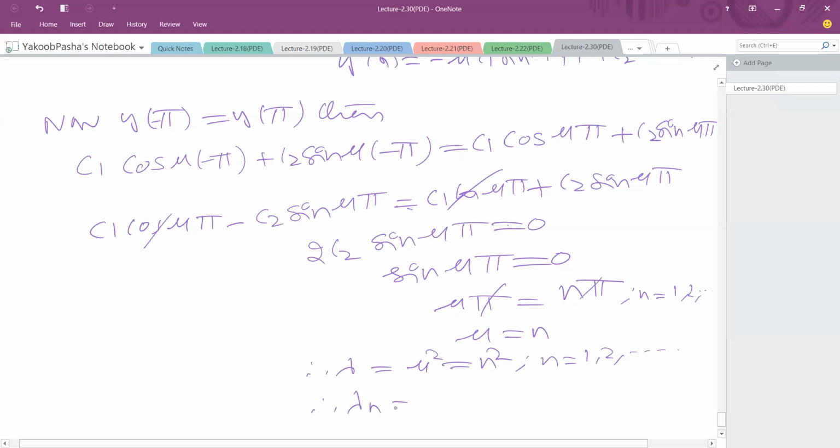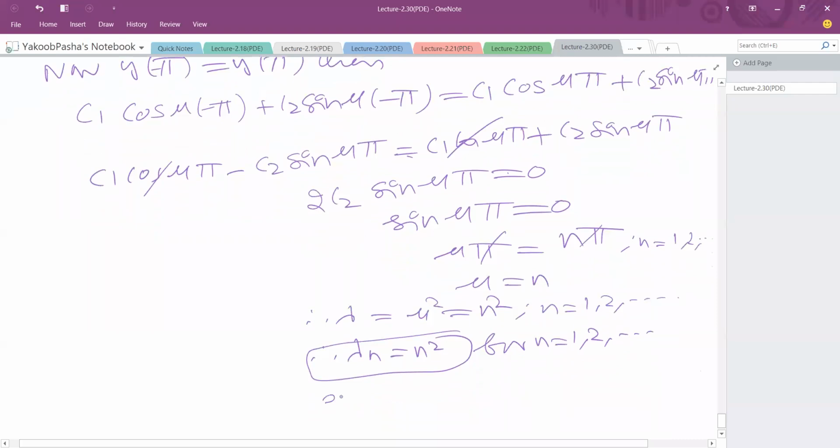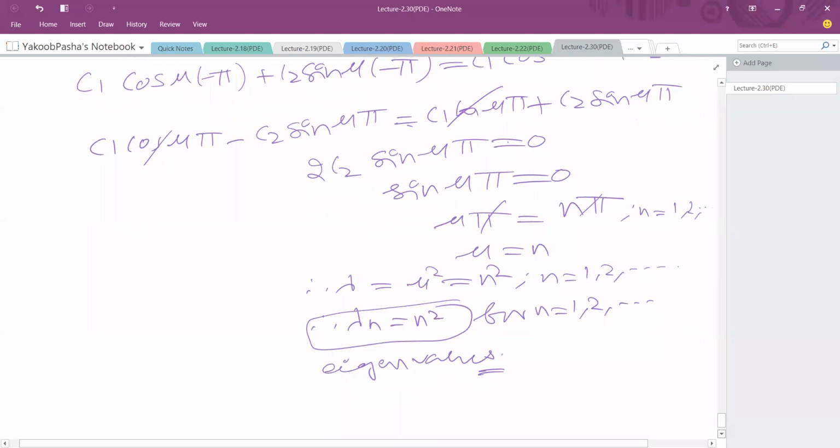Therefore, lambda n is equal to n square for n is equal to 1, 2, and so on are eigenvalues. And the corresponding eigenfunctions you have to find. Of course, for n equal to 0 also it is possible.